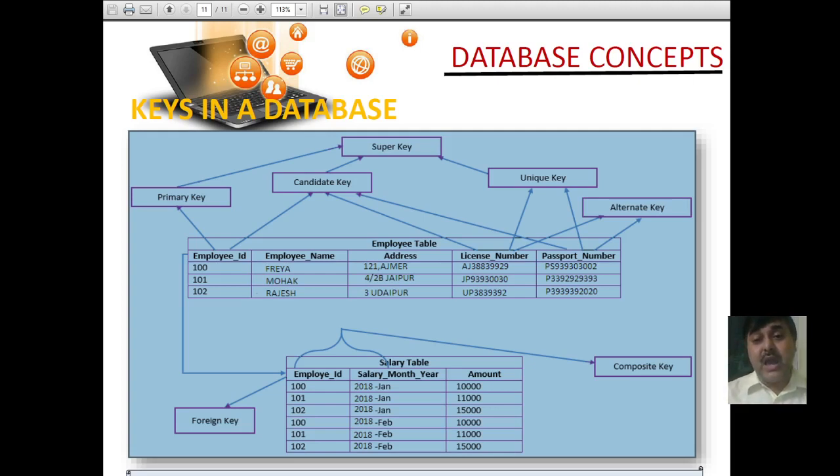When we have all this pattern of keys, we are making structures, and based on these structures we can implement it and do that particular work.